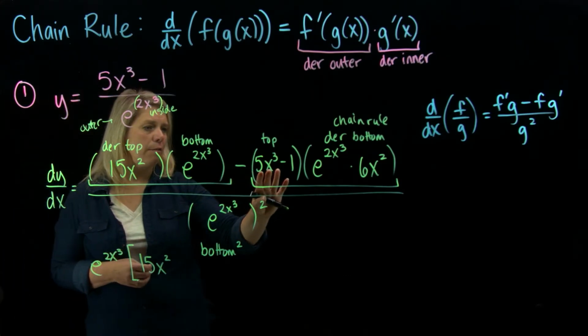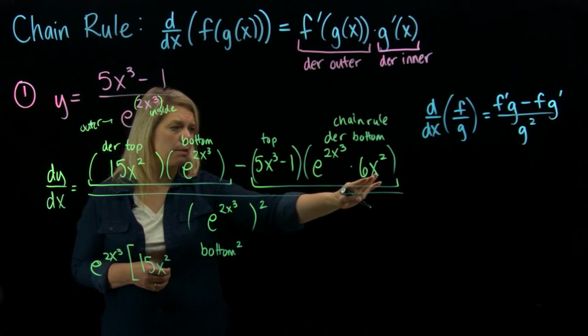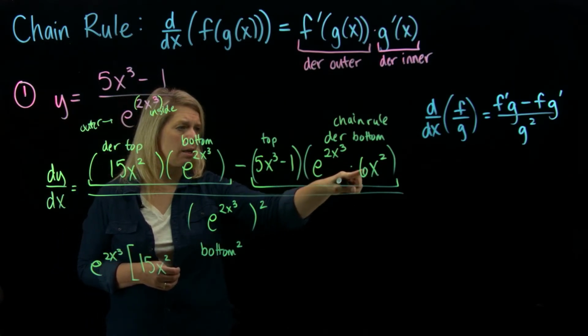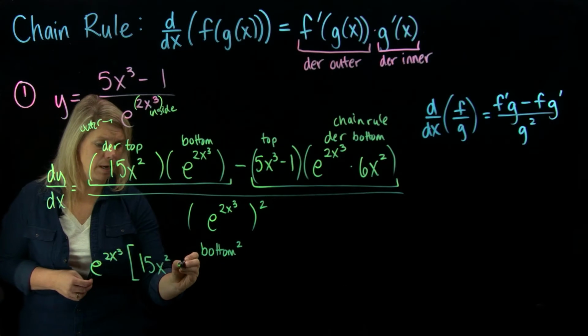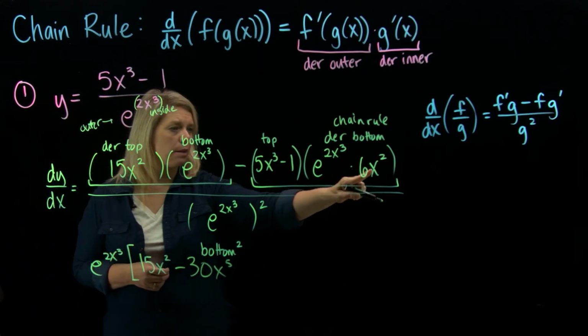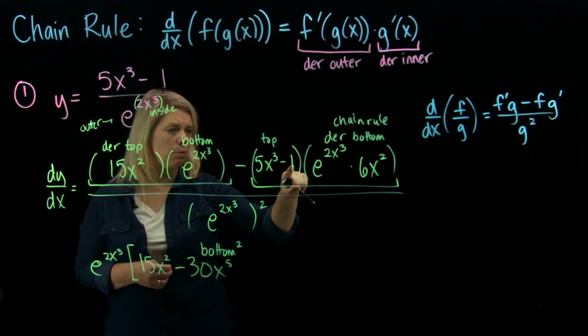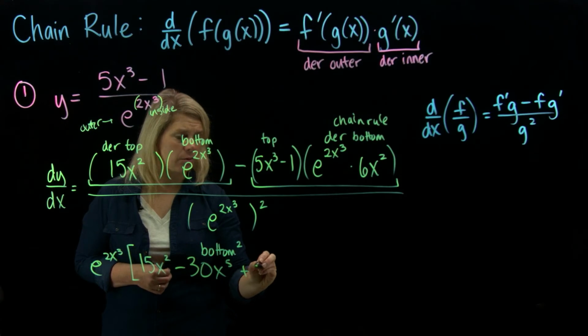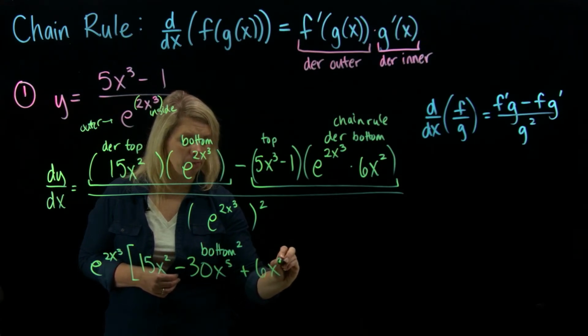So the 5x cubed times the 6x squared will be 30x to the 5th. I'm distributing through this minus sign as well. And then the 6x squared times the minus 1 will be 6x squared, and I'm distributing through that minus sign as well. So we'll have a plus 6x squared.